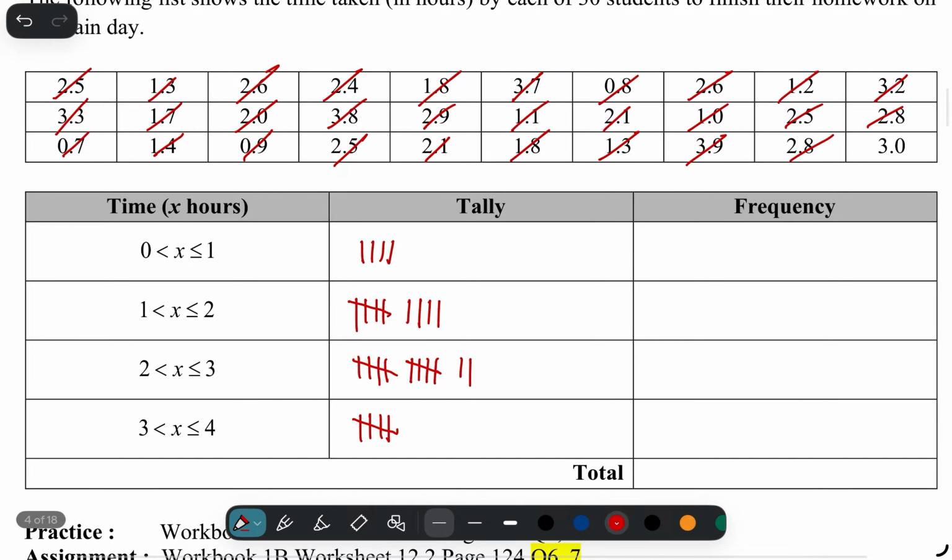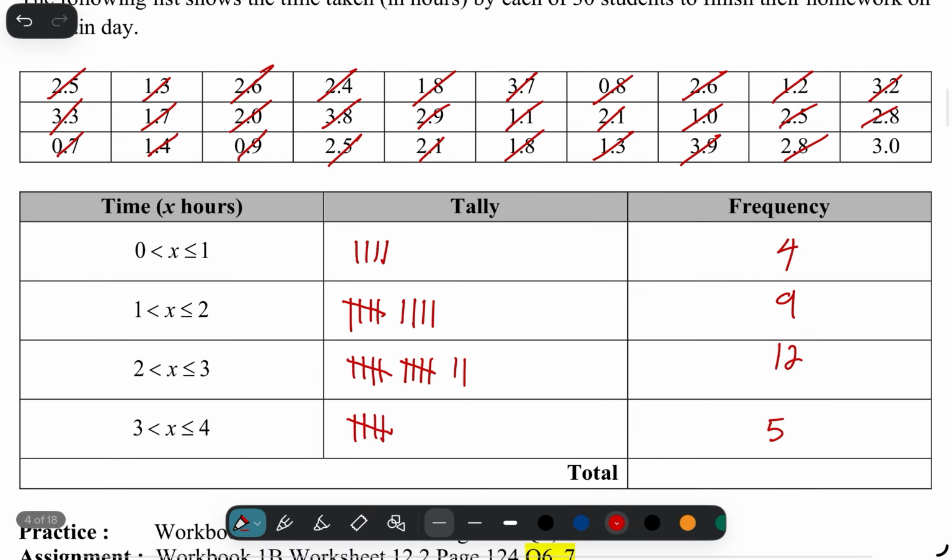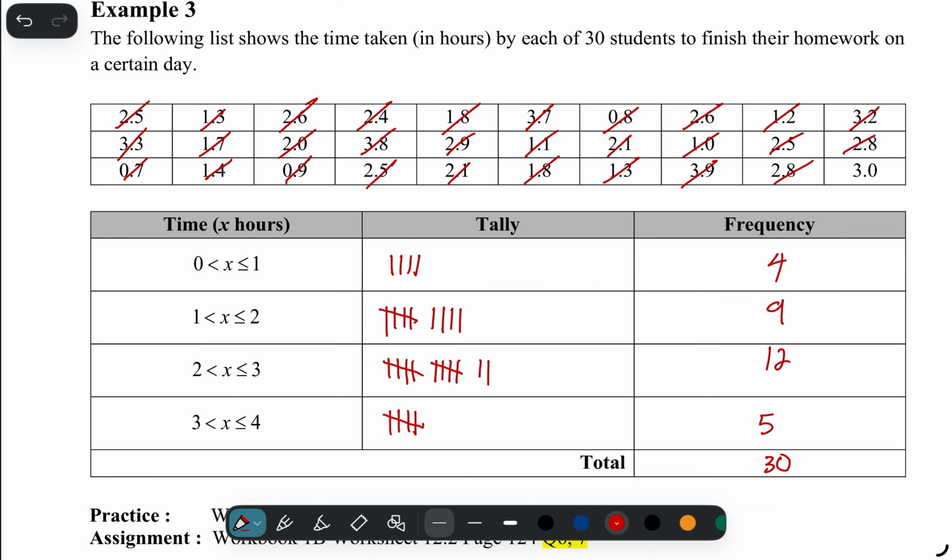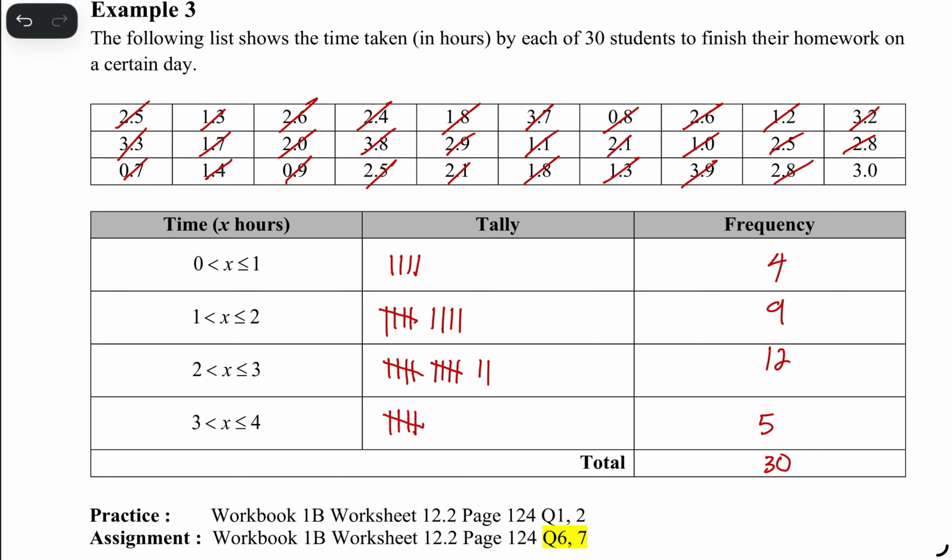Based on the tally here, I can now count the frequency. Here I have 4, 9, 12, and 5. Therefore, the frequency should add up to 30 because I have 30 students in total. So this is how I calculate the frequency table using the form of a tally. Going back to the disadvantage here, this number is between 0 and 1.